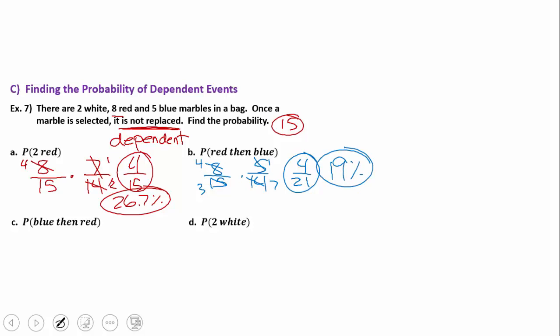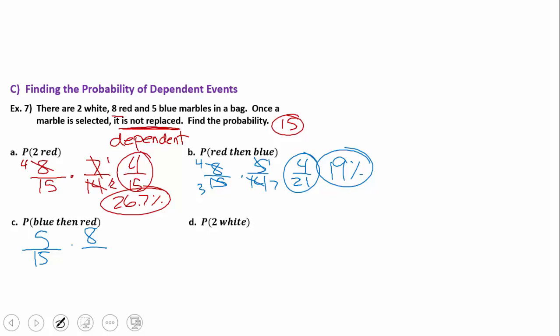Part C, blue and then red. So we look up there. This time there's blue, and that is 5, out of 15. Notice blue and red is the opposite of red and blue. I wonder if we're going to get the same exact probability doing a different order. Maybe, maybe not. Now we go to red. We know there's 8 left. We didn't take a red out the first time, so there's still 8 in there.